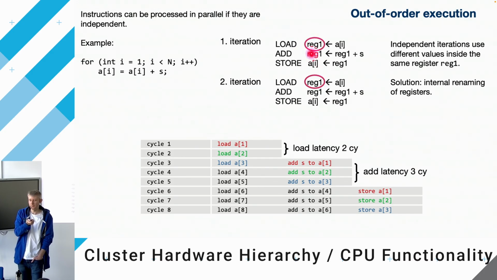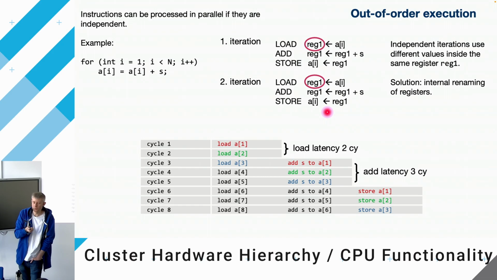And they know that the registers specified in these instructions are like placeholders, and they can actually be replaced. Therefore, the CPU can track that this add has a dependency on the value that was loaded here, and this add has a dependency on the load that happens here.